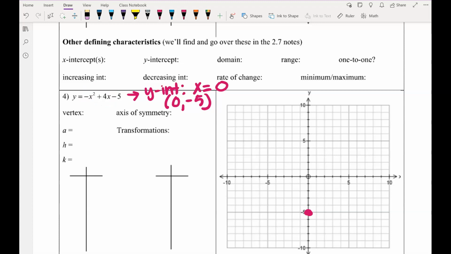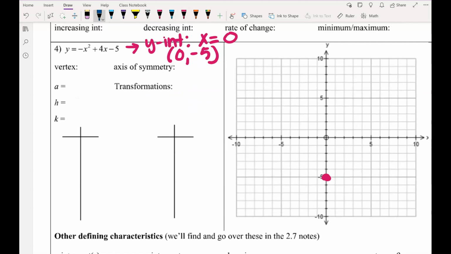Okay. Jacob G. What is the A value for example 4? -1. A, it's always easily found. Doesn't matter what form we're in. Well, snap. I need H, I need K, which is the vertex. When it's in standard form, how do we find the vertex? What's the formula to find the x coordinate of the vertex?